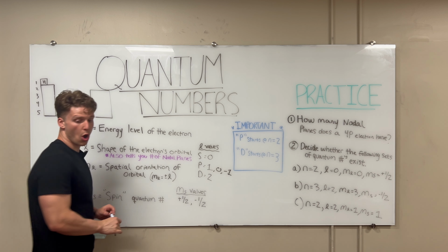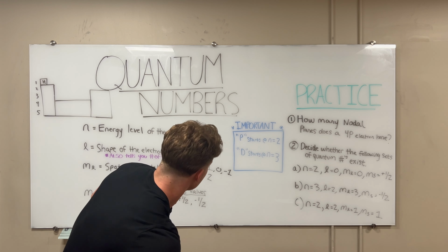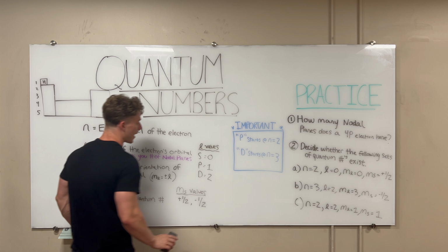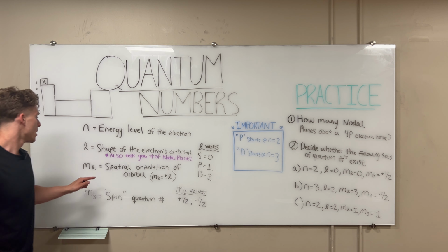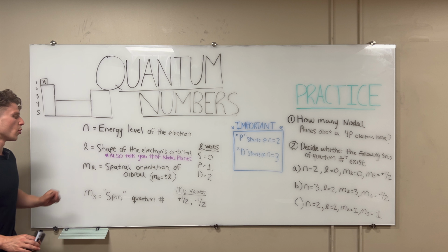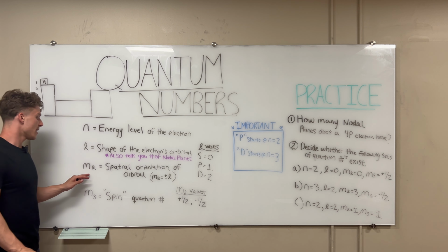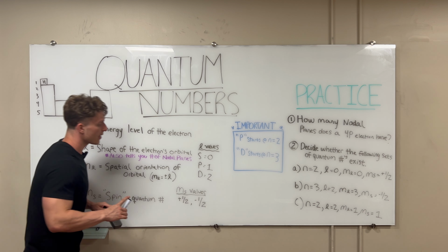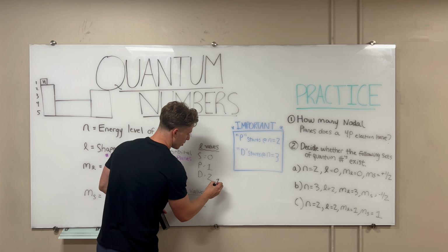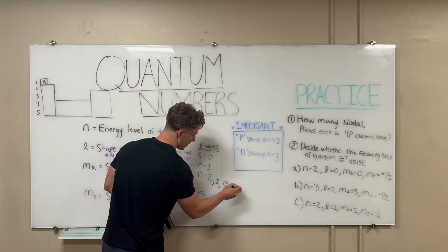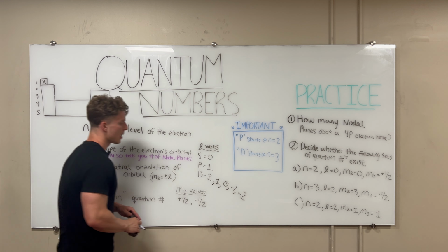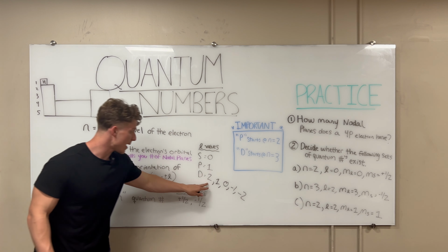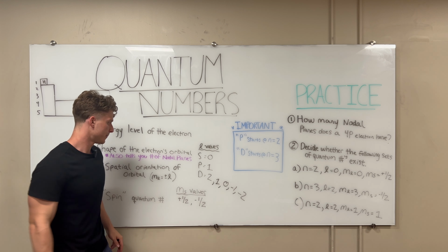So there are 3 ways that you could arrange a p orbital in space, because it's the spatial orientation of the orbital that we're talking about. And lastly, the M sub L for a d electron: we can go from positive L to negative L. So we can go 2, 1, 0, negative 1, and negative 2. That means that we can arrange the d orbital 5 different ways in space.